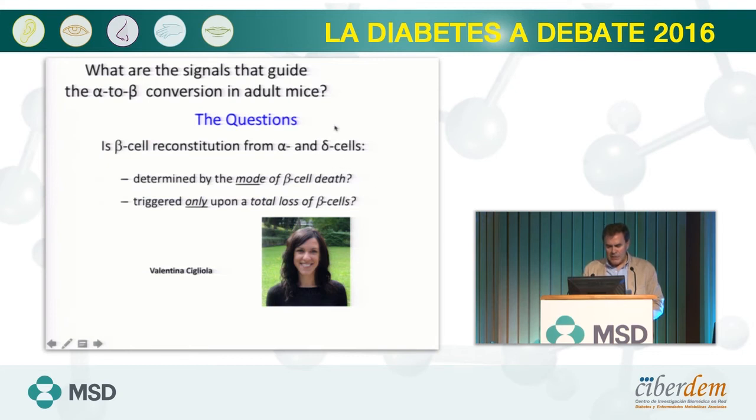Another set of experiments is trying to determine whether the mode of beta cell death triggers the plasticity in alpha cells, or whether this plasticity is observed only after a total loss of beta cells. These experiments were performed by Valentina, and she was using streptozotocin and alloxan.